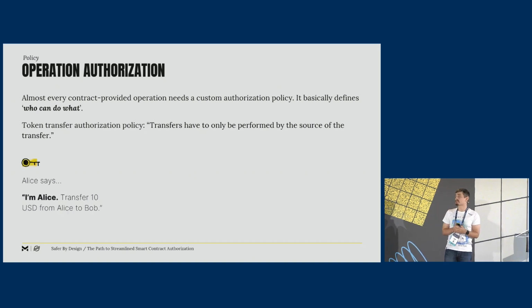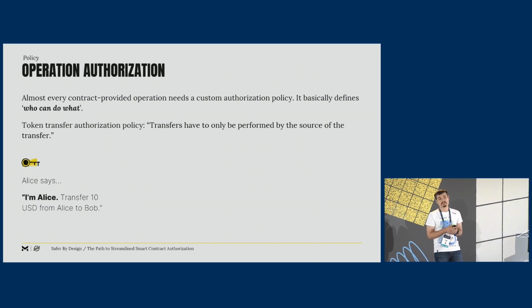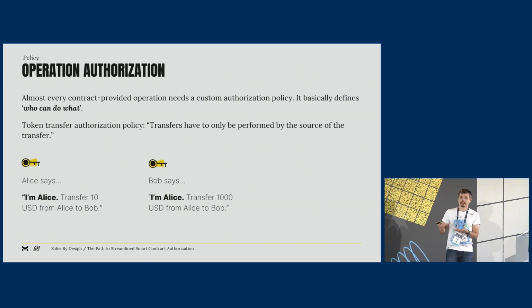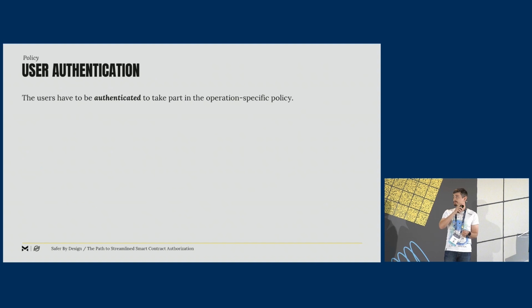So continuing our example, Alice would say, I'm Alice, transfer 10 USD from Alice to Bob. And obviously, since Alice is the source of the transfer, this would be a valid message for this policy. However, Bob may say, well, I'm Alice as well, and transfer 1,000 USD from Alice to Bob. So obviously, this is not enough, and we need to implement more policies in our contract.